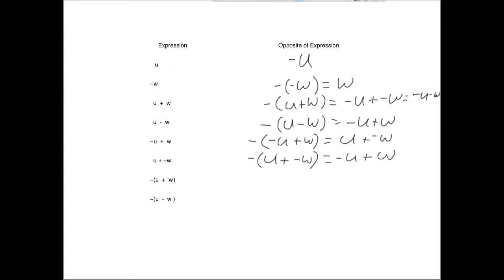This is what we got for that. So the opposite of u plus w is equal to u plus w. The opposite of u minus w is equal to u minus w.